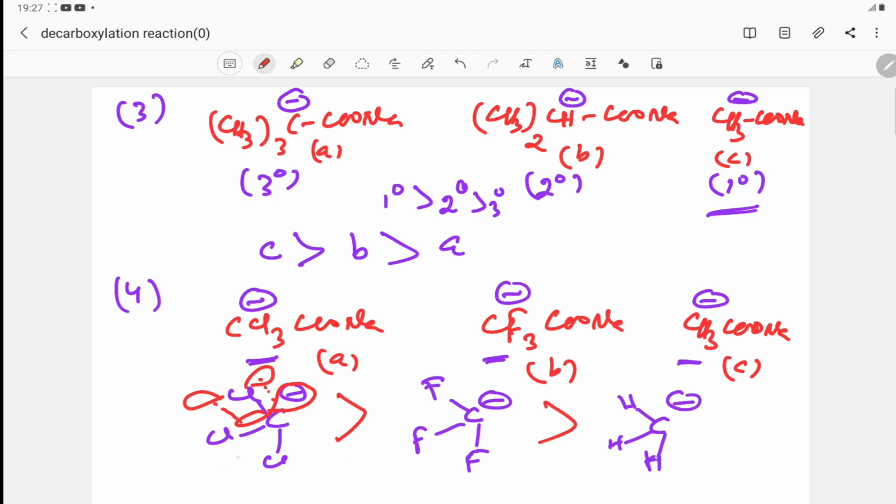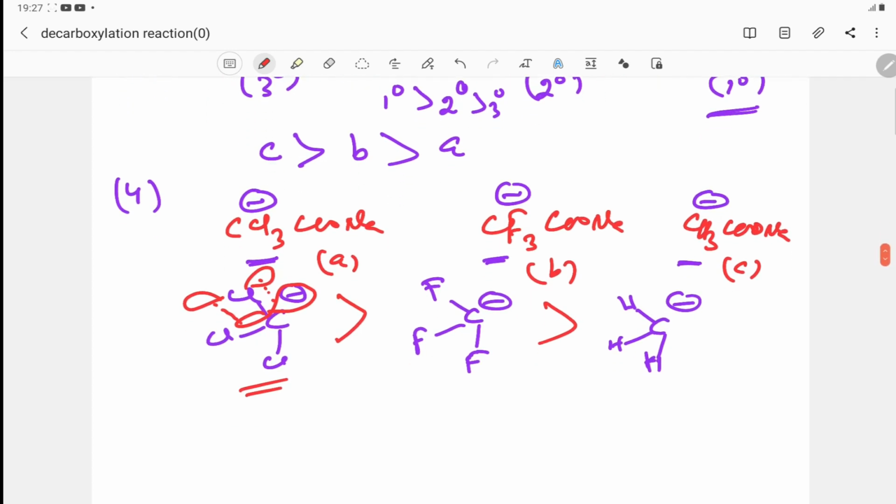Why is trichloromethyl carbanion more stable? Because the chlorine atom has vacant d orbitals, it forms d pi p pi bonding with the carbon carrying the negative charge. That's why it is more stable than fluorine. Fluorine has no vacant d orbital, so delocalization is slow. Although it has a minus I effect, delocalization is faster in case of chlorine. That's why trichloromethyl carbanion is more stable than trifluoro.